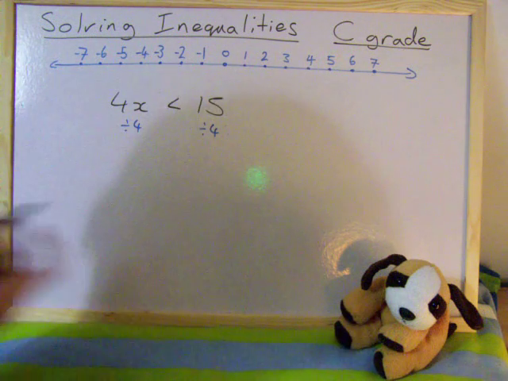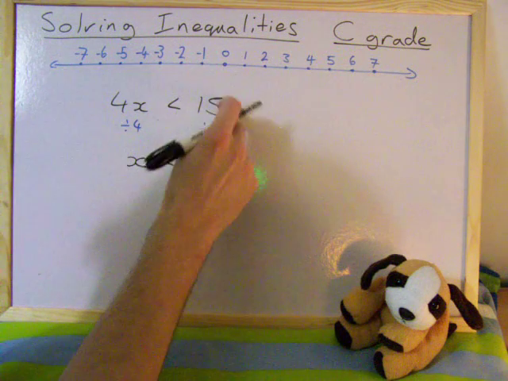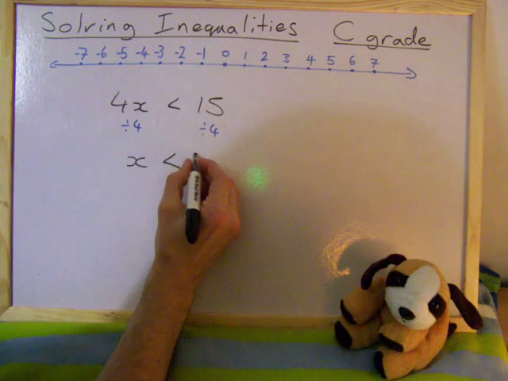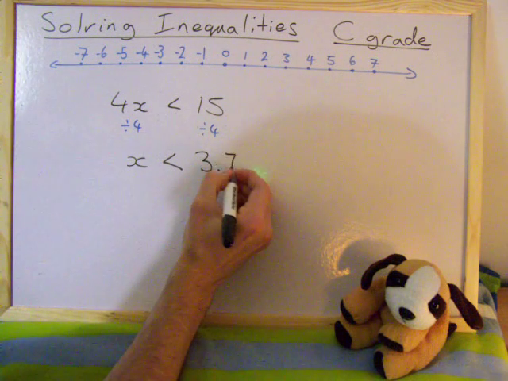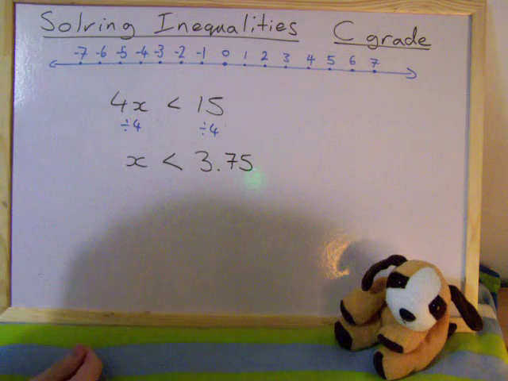If I divide both sides by 4, I'm left with x is less than 15 divided by 4, we've got 12 would be 3, so that's 3.75. It's not equal to, so it can't be exactly 3.75.